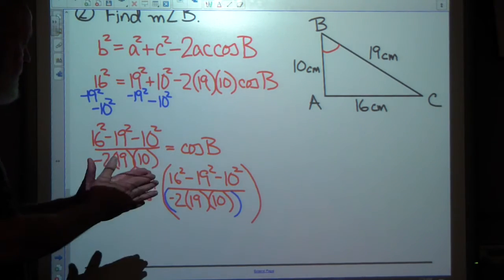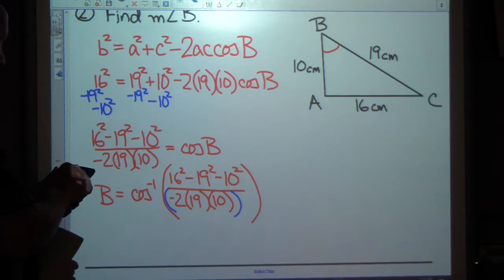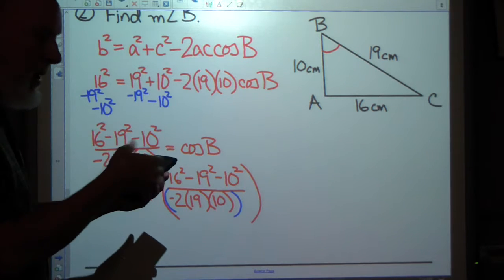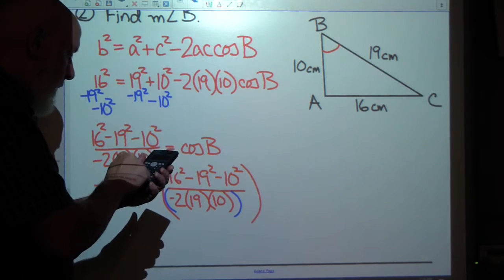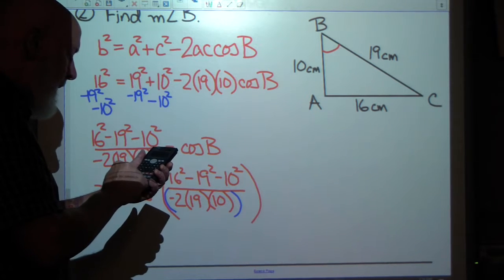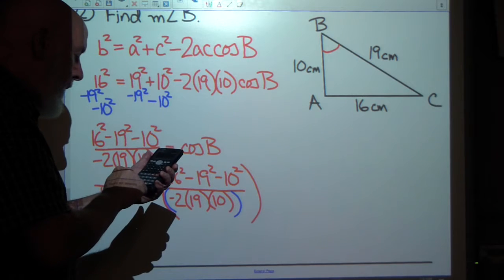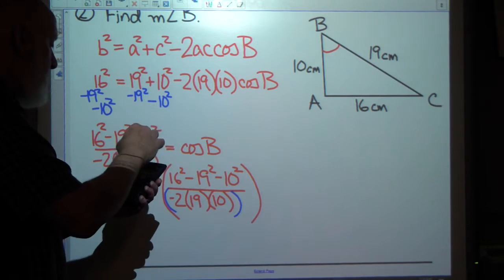So here we go. Let's see if we can get it into our calculator. I'm going to say what I'm putting in there. You don't have to do it this way, but here's how I would do it. 16 squared minus 19 squared minus 10 squared equals. Now I have the top of my fraction in there.